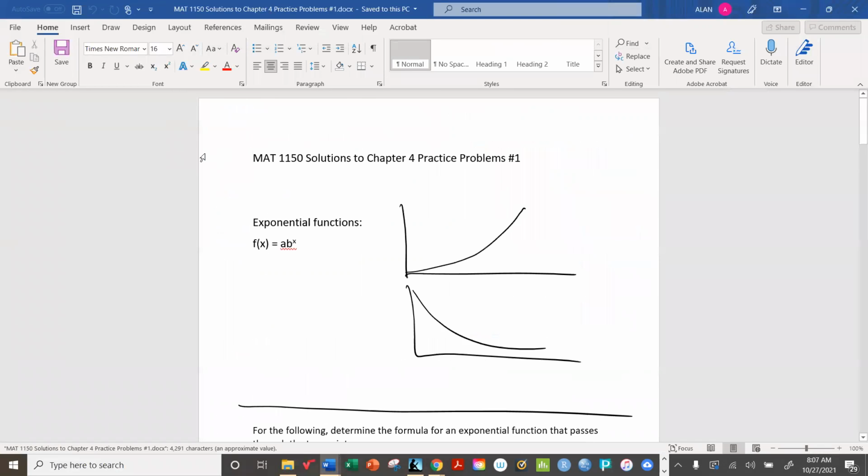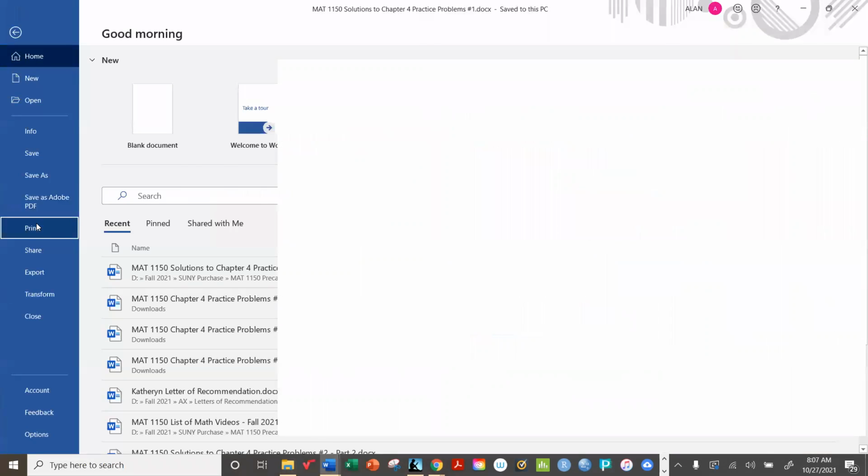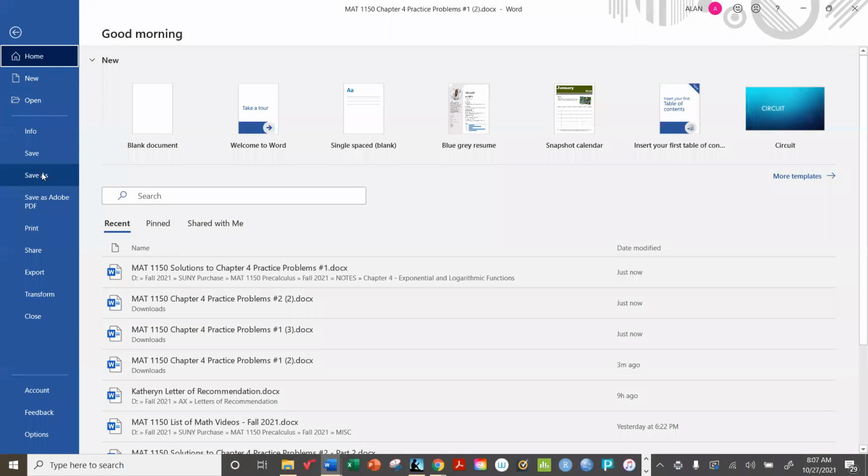Let me consult with my own solutions. A lot of graphs, I see. All right, I want to save these so that I can write in them and you can have all the solutions right in front of you.